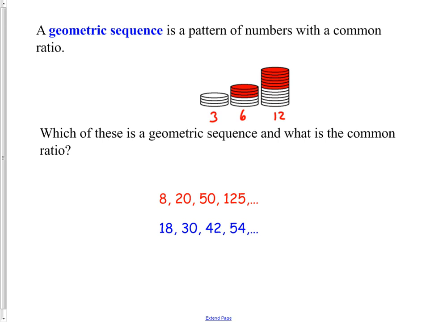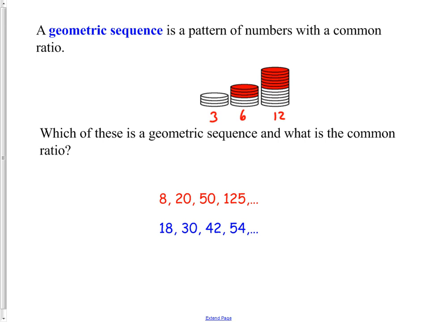If I'm looking at the geometric sequence here, 8, 20, 50, 125, the number that I'm multiplying by doesn't pop out right away to me. But I can come up with that by taking the ratio of the new number to the previous number.